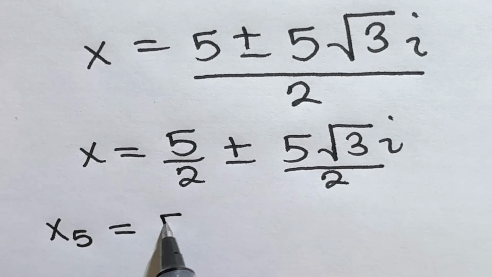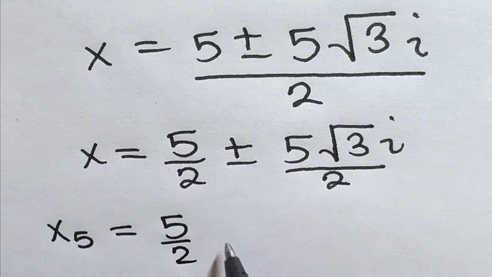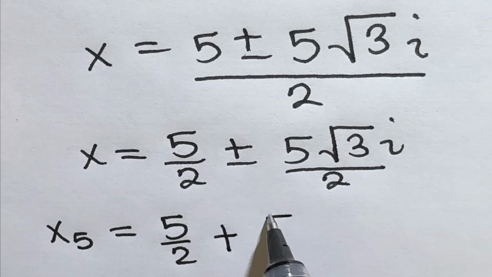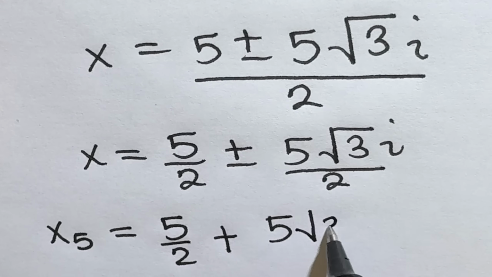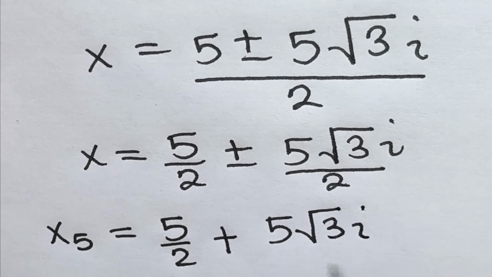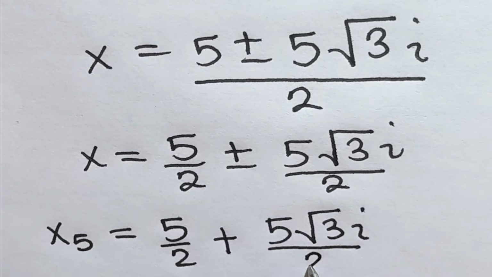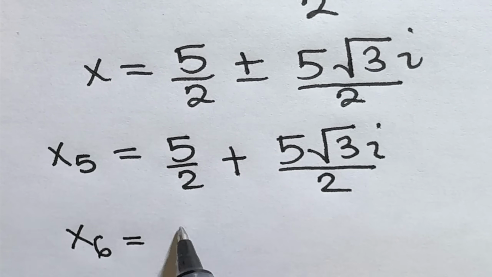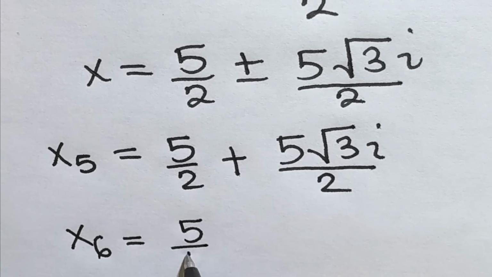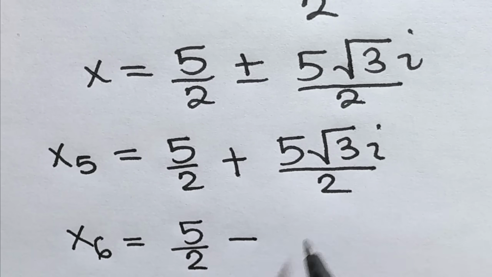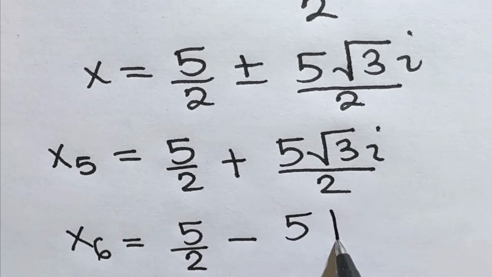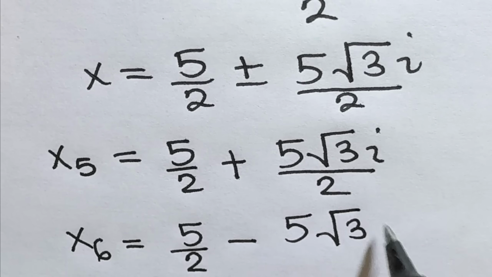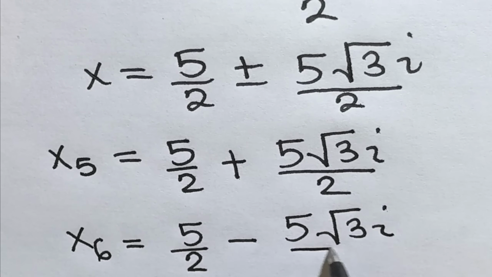So this will be 5 over 2 plus 5 root 3 i over 2. And then we get x6, the sixth value, 5 over 2 minus 5 root 3 i over 2.